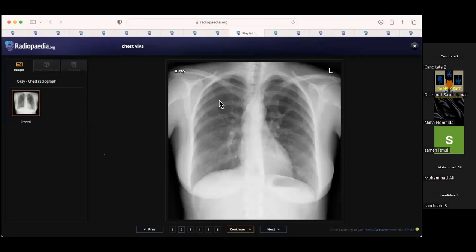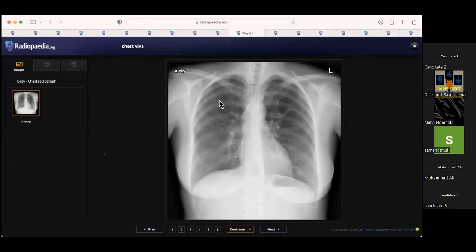Sorry, so this is a young adult patient in her 30s, a 30-year-old female who presented with recurrent cough and recurrent chest infections. Okay, I'm presented with the frontal chest radiograph of a 30-year-old female with recurrent chest infection.